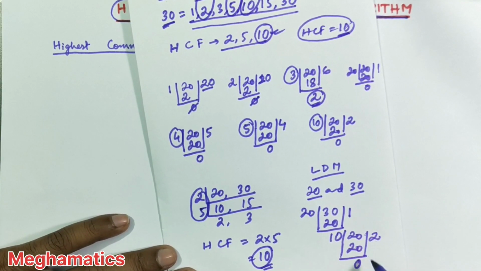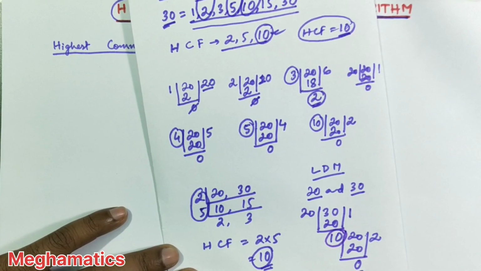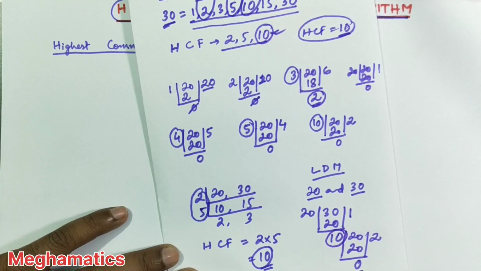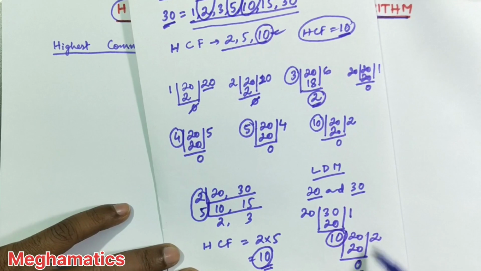So we have to keep on doing this till we get the remainder as 0. Since we have got the remainder 0, now we have to see in the last division by how much we have divided. So it is 10. So this 10 is the HCF, and we have used the long division method.